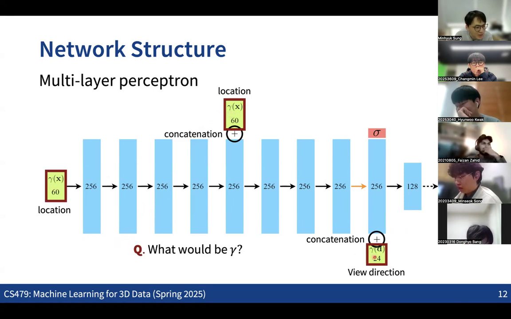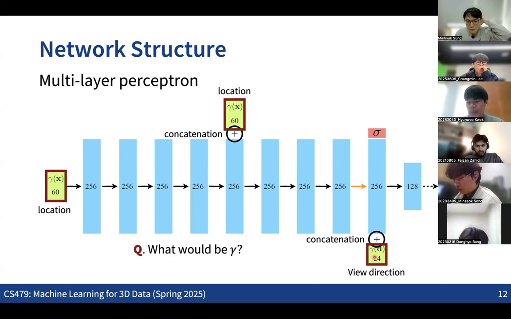Can you guess what this gamma function is? Actually, we have seen this in the previous lecture when we were discussing the implicit representations.